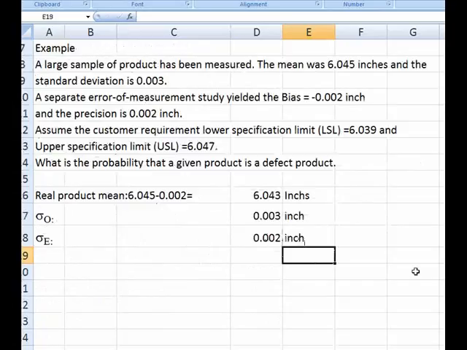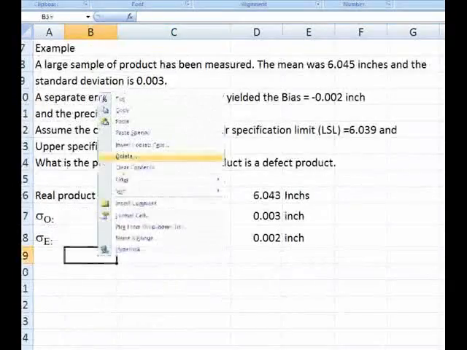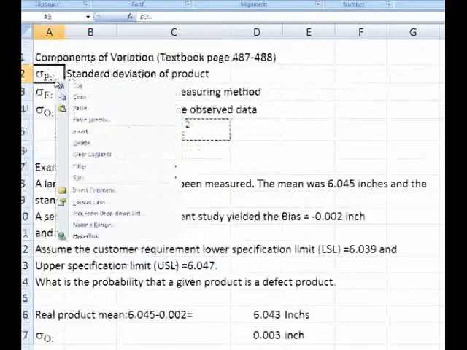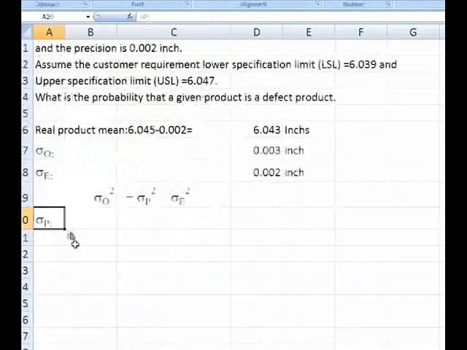Alright, with that said, we have this equation here, and we want to find out the product standard deviation.